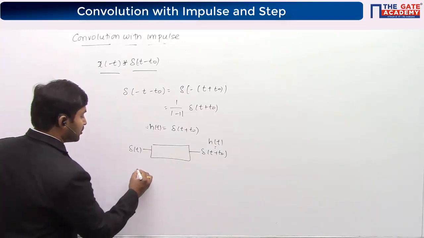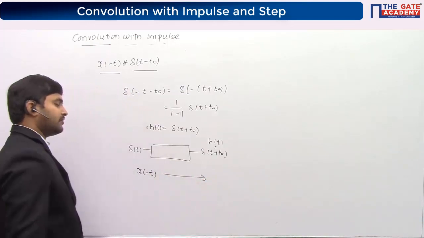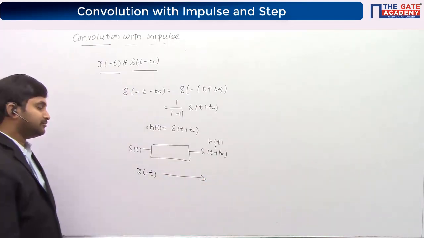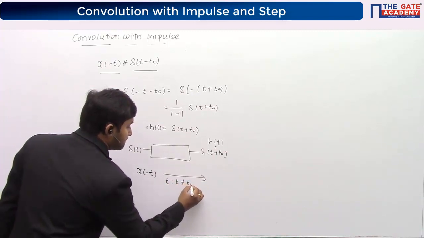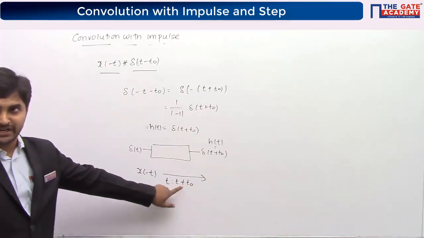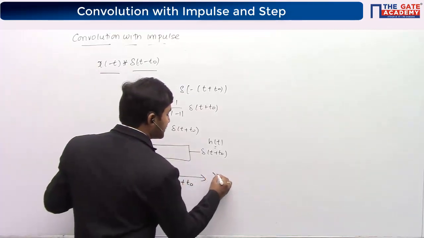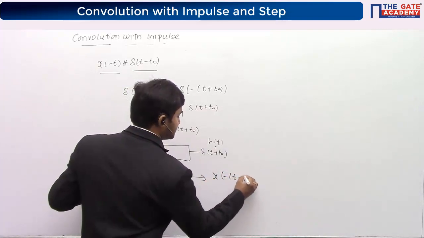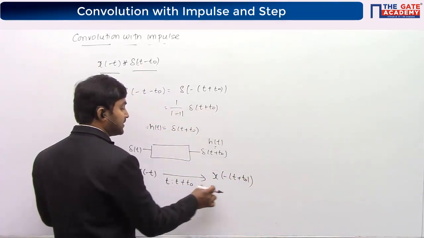So when you are taking x of minus t as an input, if I do the advancing operation, this is what we are calling as an advancing operation, right? So we will be getting x of minus t plus t naught. In the place of t I am substituting t plus t naught.